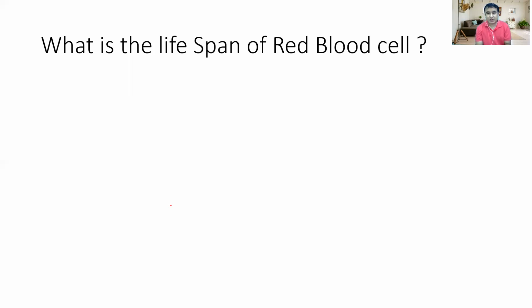The lifespan of the RBC is around 100 to 120 days, nearly 3 months. But there are some conditions in our body where the lifespan of the RBC gets shortened. And if the lifespan of the RBC is less than 100 days because of any condition, then that's called hemolytic anemia.